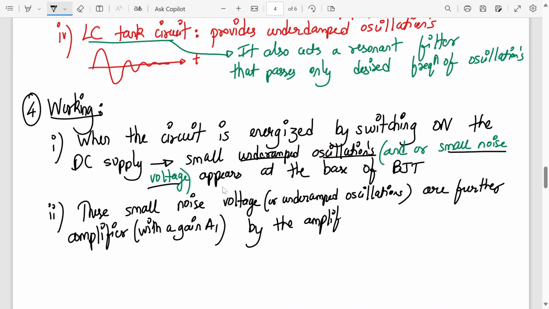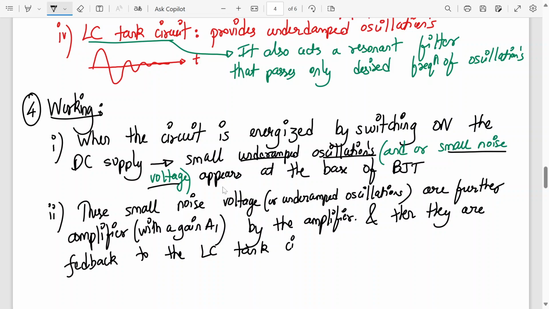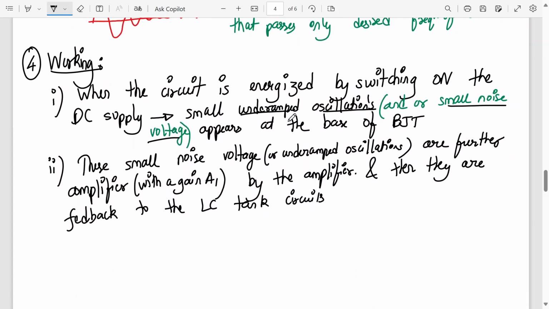Okay, so this small noise voltage in the form of underdamped oscillations is further amplified with a gain A1 by the amplifier. Okay, and then they are fed back to the LC tank circuit. So the amplified noise voltage is applied.